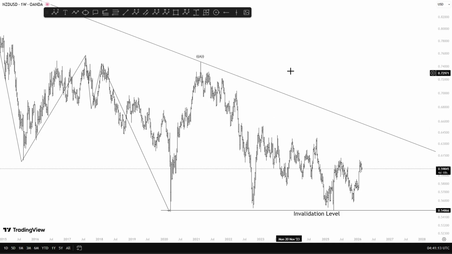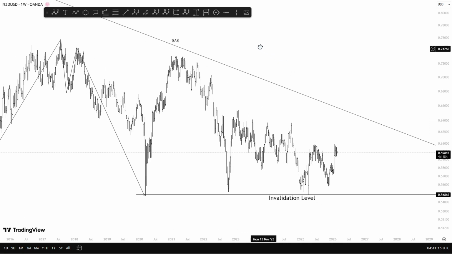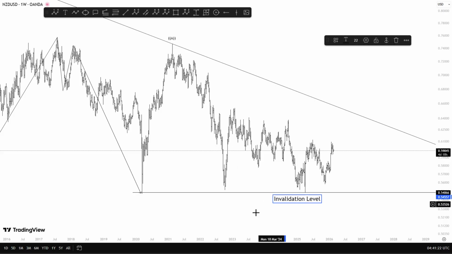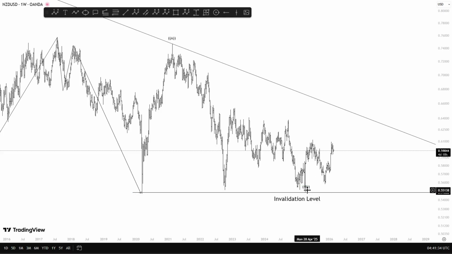Then the corrective structure, you have it right here. This is our B for this impulsive swing.